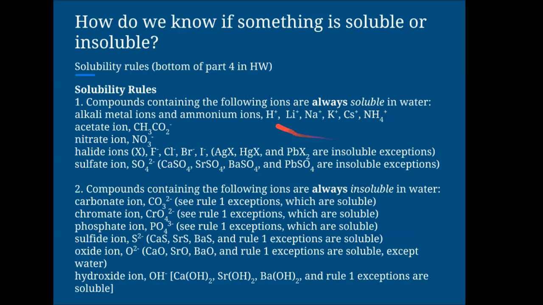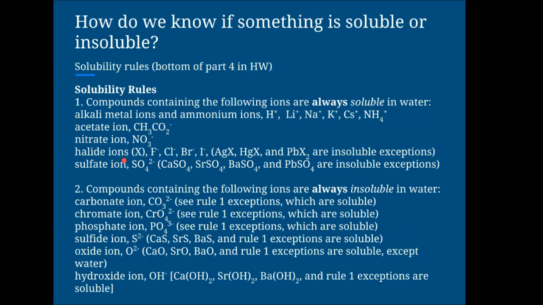You follow these rules. Alkali metals and ammonium, and hydrogen gets lumped in with them, are always soluble. Acetate ion, always soluble. Nitrate, always soluble. Halides are almost always soluble, except for silver halides.